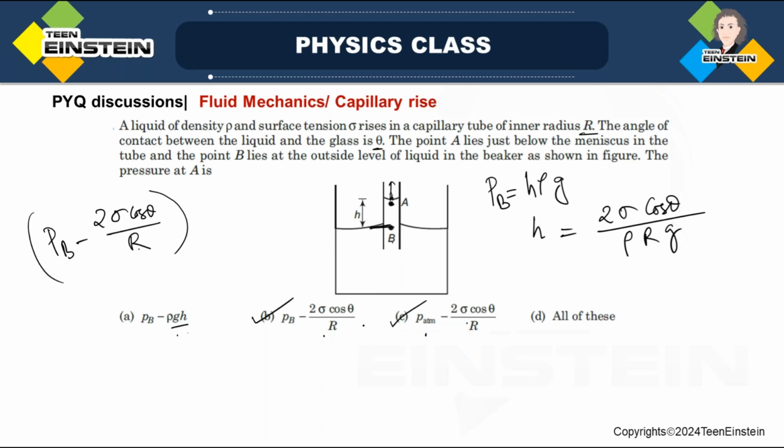These two are at least fine. I'm saying PB minus H rho G. Actually, H rho G is the PB, that is atmospheric pressure. So this I don't think.